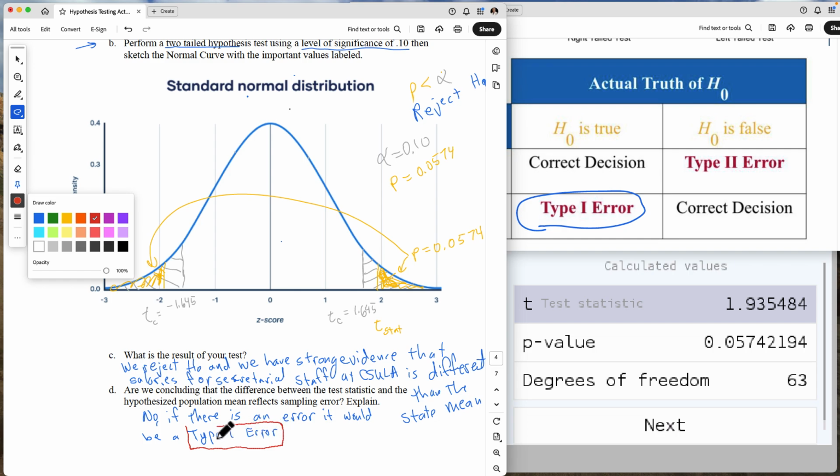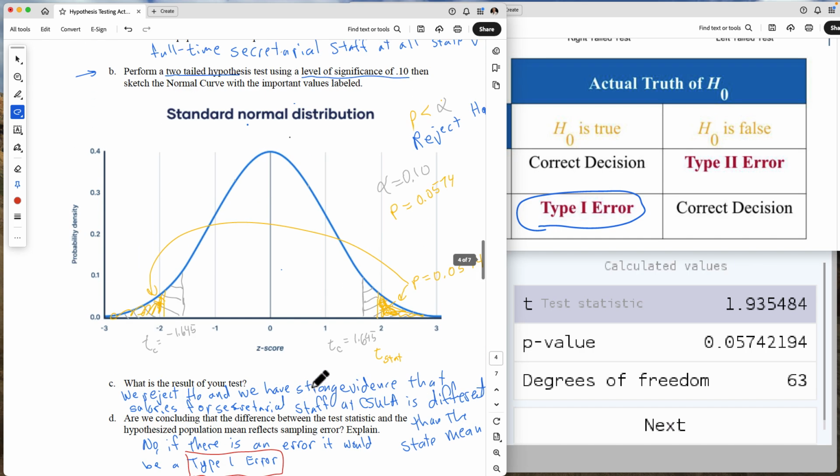So that's what I'd say. Sometimes you just don't answer questions that don't seem to make much sense. I don't know if it's from sampling or something else, but it's a type 1 error if it happens. But okay, so that's good. Thank you.